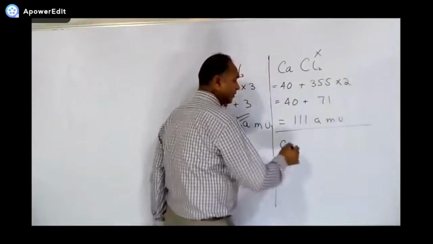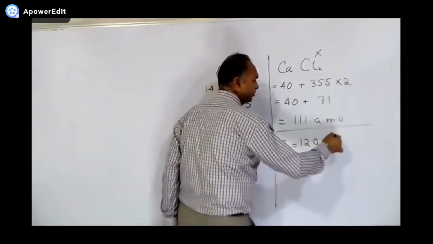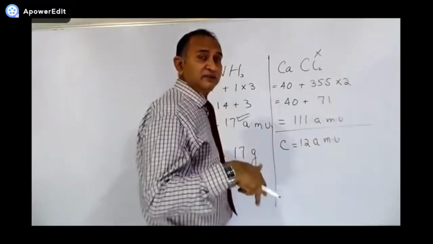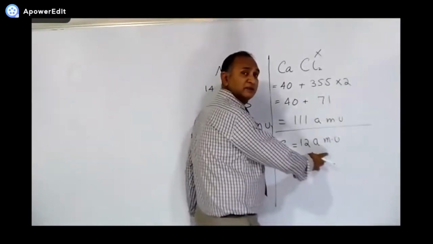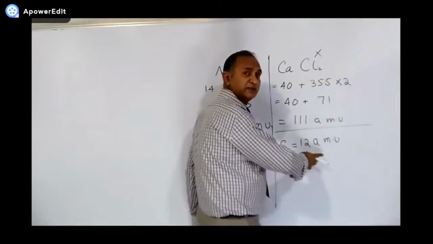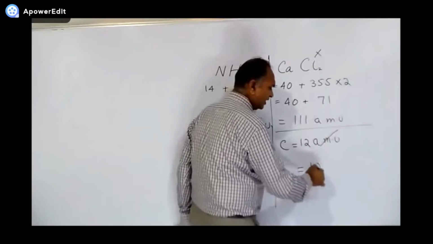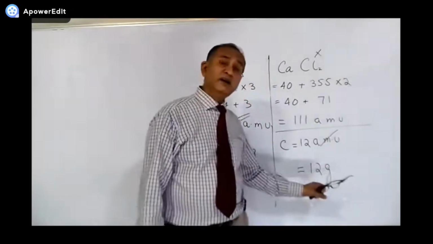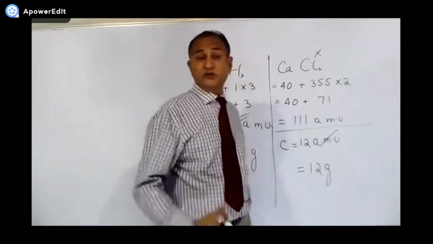See, the atomic mass of carbon is 12 AMU. I told you that we practice it, and this is its atomic mass, comparative atomic mass, relative atomic mass. If you replace this AMU by G, it will be called gram atomic mass. And what is the new term for it?